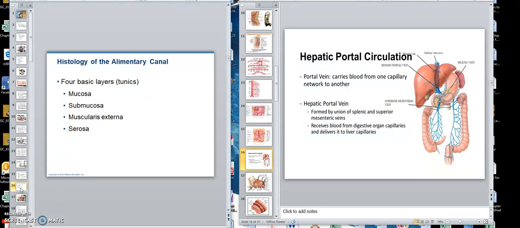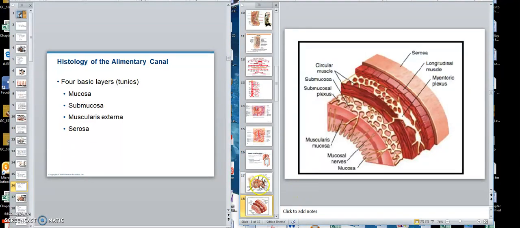All right. Now we're looking at the layers of the intestinal wall. Let's start first with the mucosa. That's the innermost layer. Then we go to the submucosa, which is connective tissue. The epithelium of the mucosa is generally going to be columnar.